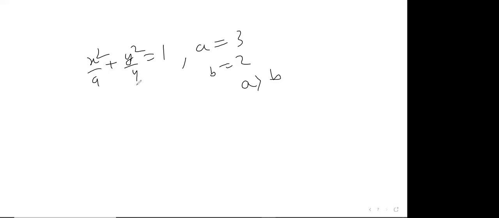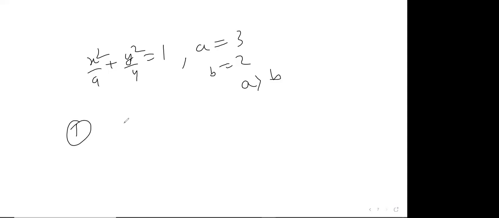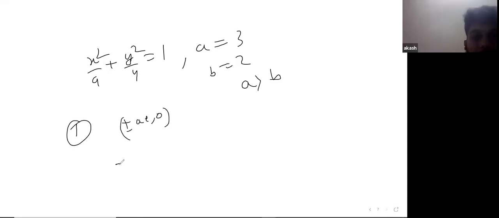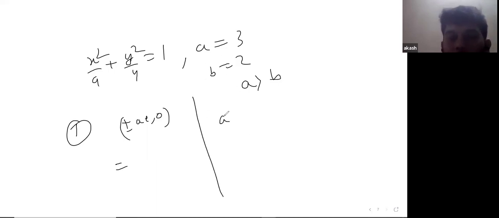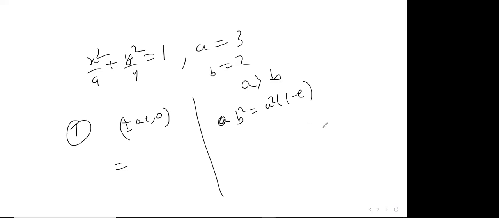So the foci will be plus minus AE comma 0. First let's find out E, the value of E. We're going to use the formula B square equals A square into 1 minus E square. This is the first step.